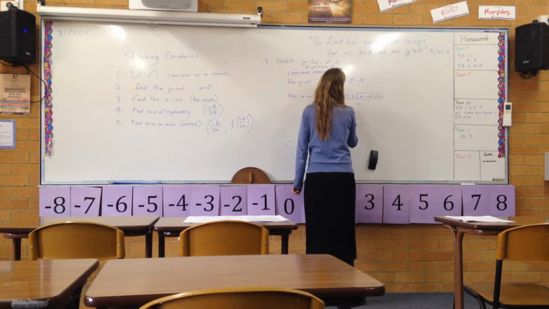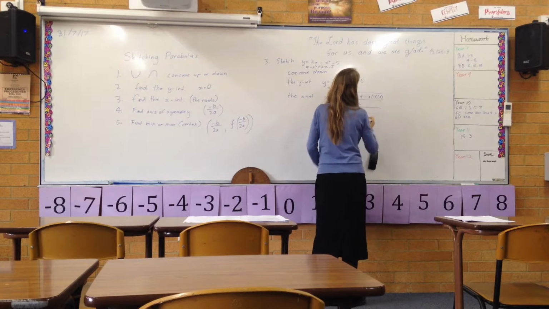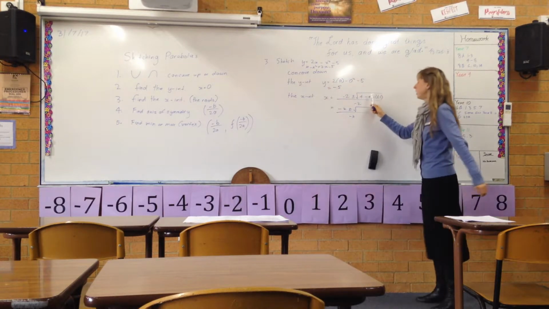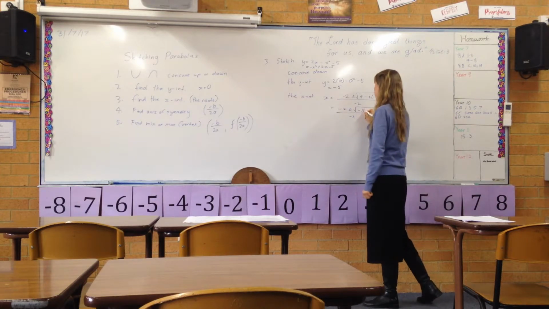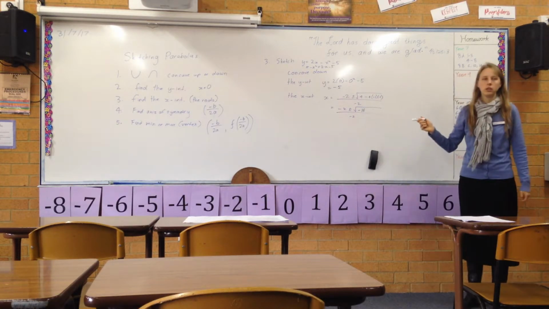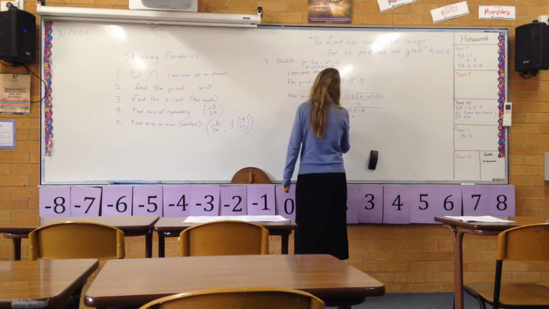Okay, that's minus 2 plus or minus the square root of this part here, that's 4 minus 20, minus 16. What do you know? There are no real roots.